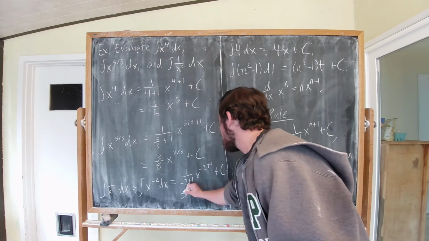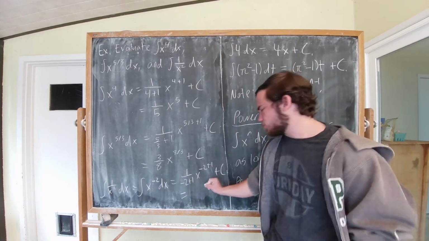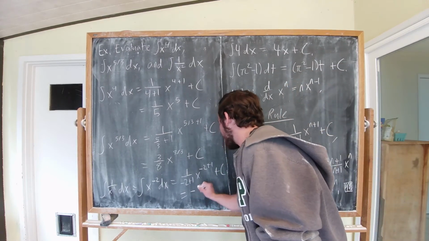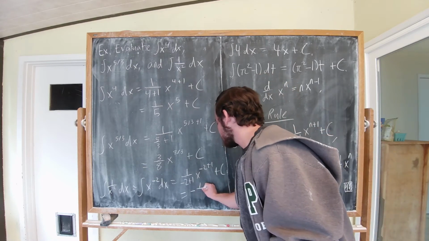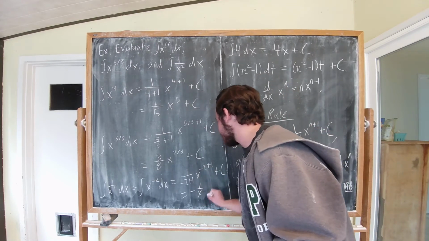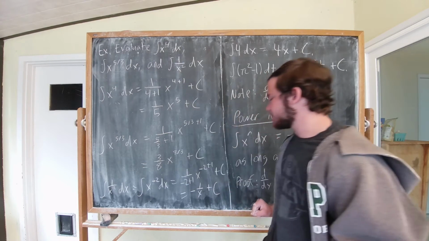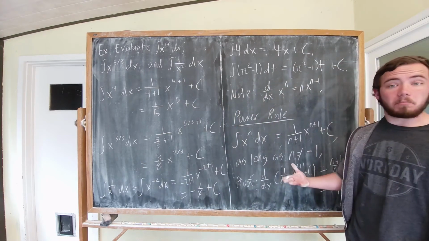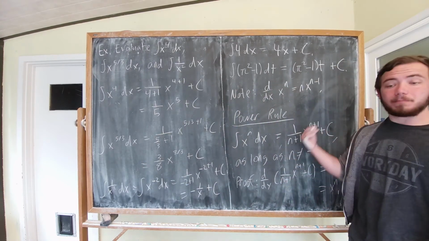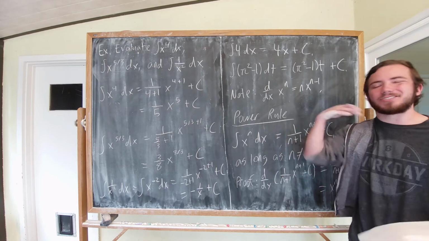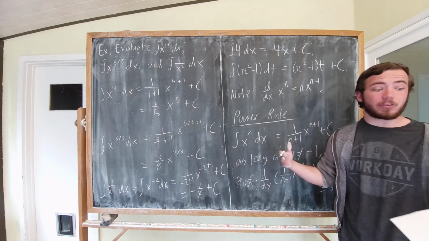Or in other words, -2 plus 1 is -1, so we'll be left with negative x to the -1, aka -1 over x plus c. So, not too complicated. Power rule, pretty simple, pretty straightforward since it's just undoing the power rule for differentiation.